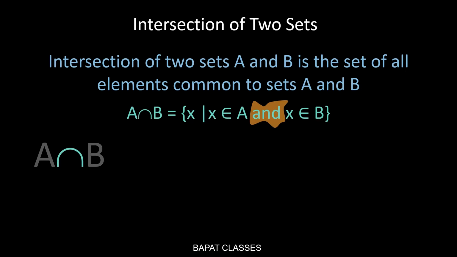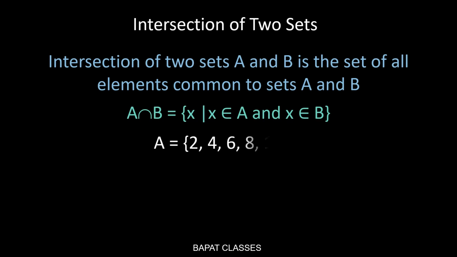Consider one example. Let A be the set of first 6 multiples of 2. Then set A is {2, 4, 6, 8, 10, 12}. Let B be the set of first 6 multiples of 3.